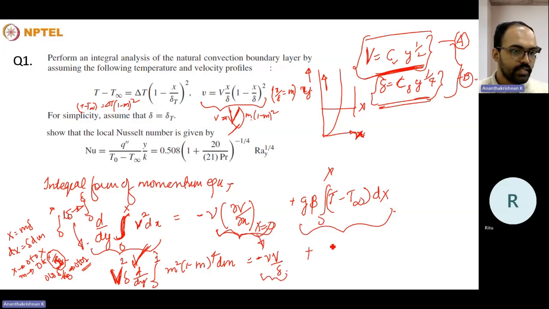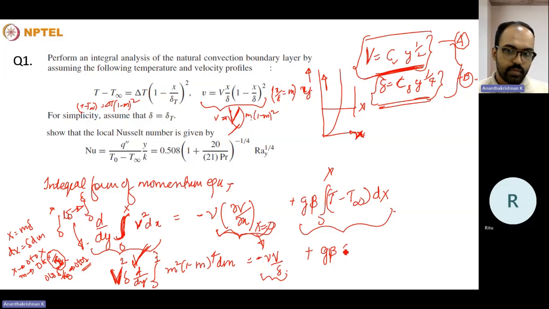And then similarly, this will become g beta. I forgot one term, the d by dy. It will become g beta, and T minus T infinity is equal to delta T into (1 minus m) squared.